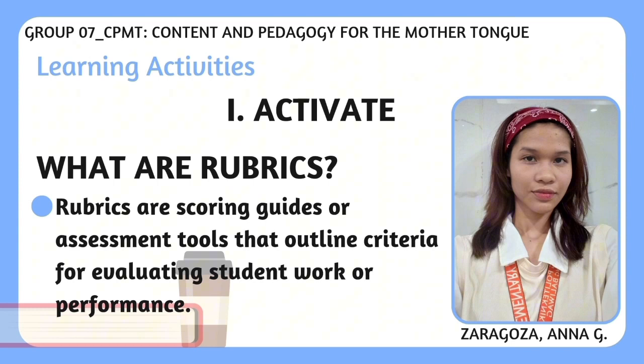Rubrics typically include descriptions of different levels of performance for each criterion, ranging from excellent to poor, allowing for a clear and consistent assessment process. Also, rubrics are commonly used in education to provide feedback to learners, guide instruction, and ensure fairness and transparency in grading.